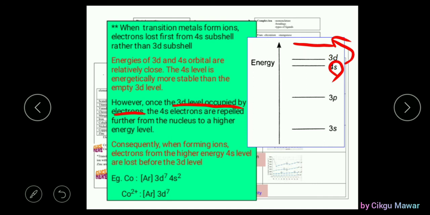Consequently, when forming ions, electrons from the higher energy 4s level are lost before the 3d level. That means electrons in the 4s orbital are removed first, followed by 3d. So in the formation of cobalt 2+, we remove the outer electrons in the 4s orbital, so 3d7 is left.